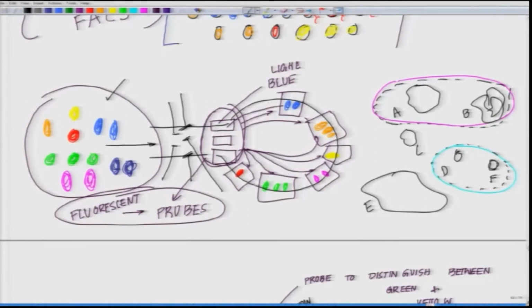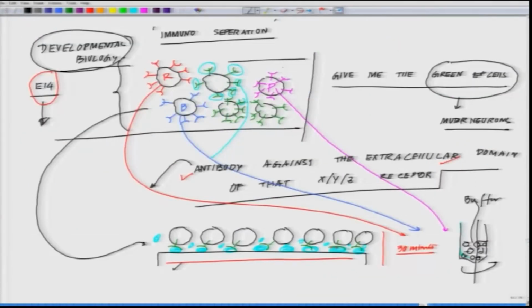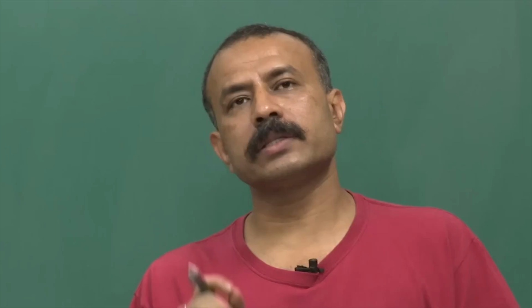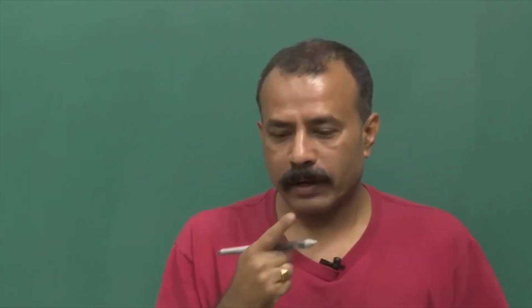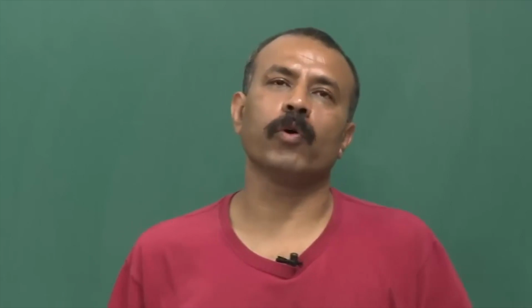But the fact is still the same as what I showed you in the last class: you have to have those unique markers. Without that, the basic fundamental is still the same, and sorting them out won't be an easy job.